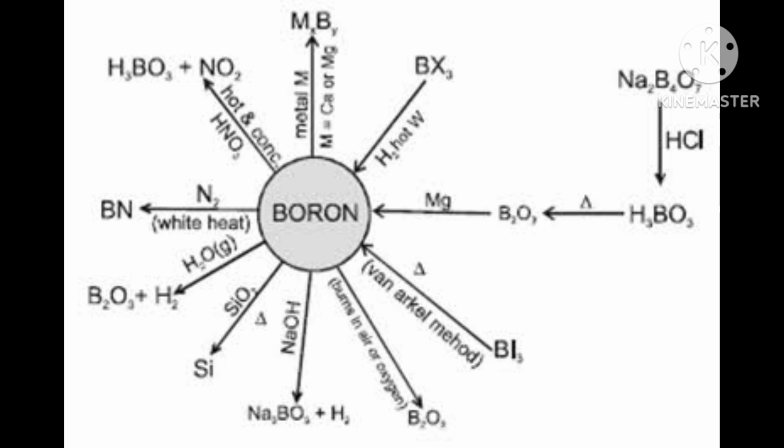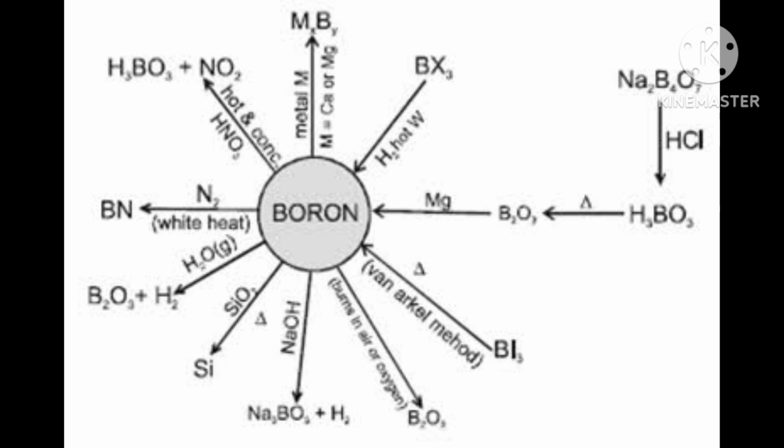If you remove the first electron, then 801 kilojoule per mole energy is required. Second, more, 2427, second ionization energy. And third, further more, 3659 kilojoule per mole. That is for boron, I told you.